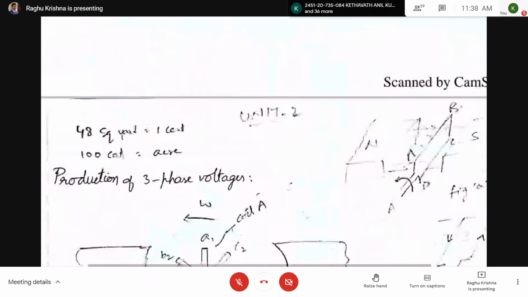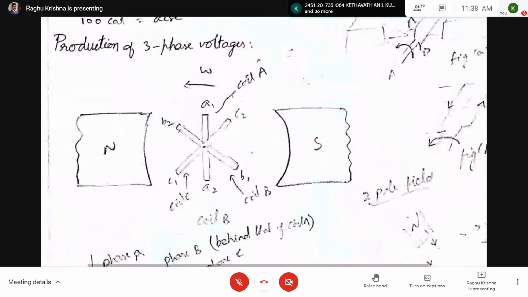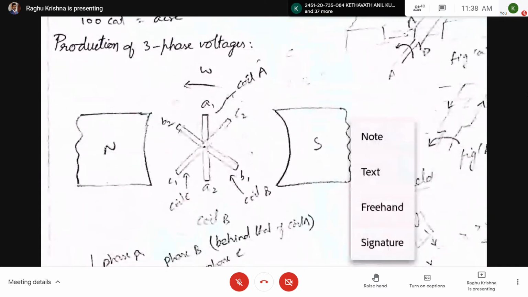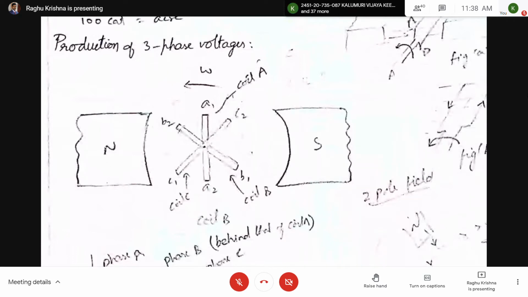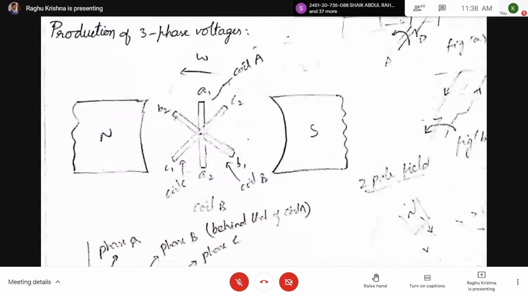So next, coming to production of three-phase voltages. For production of single phase voltage, that means production of alternating voltage, you have taken one coil.